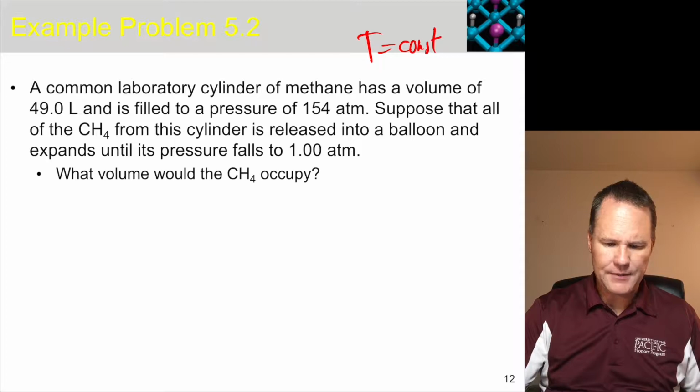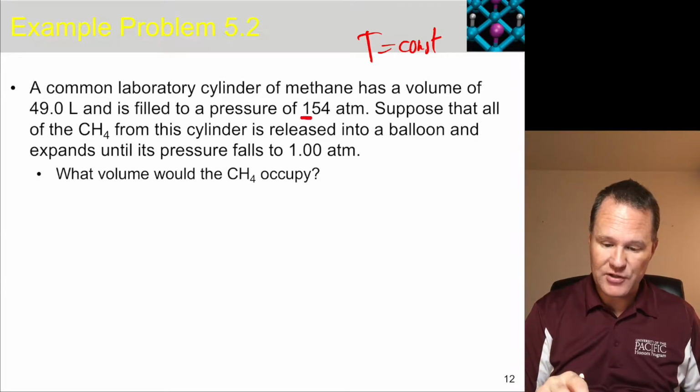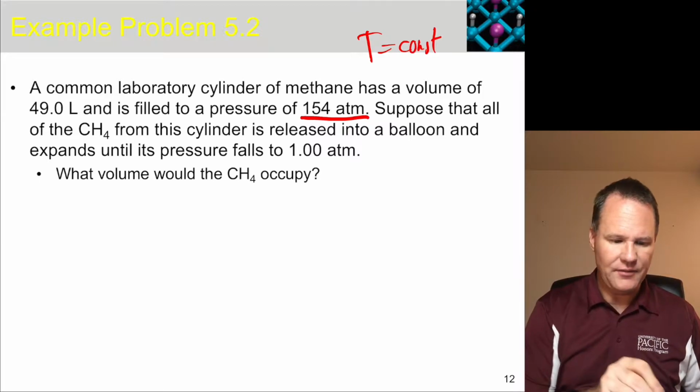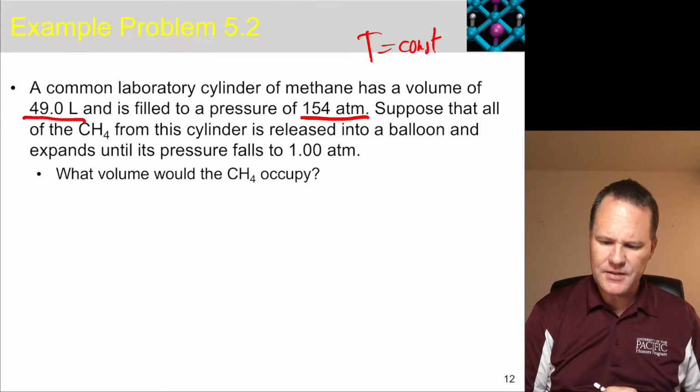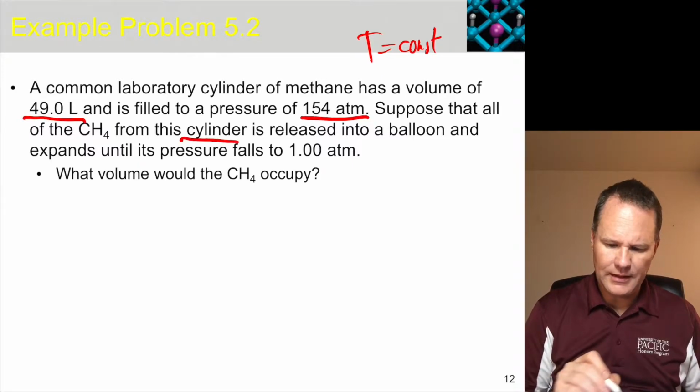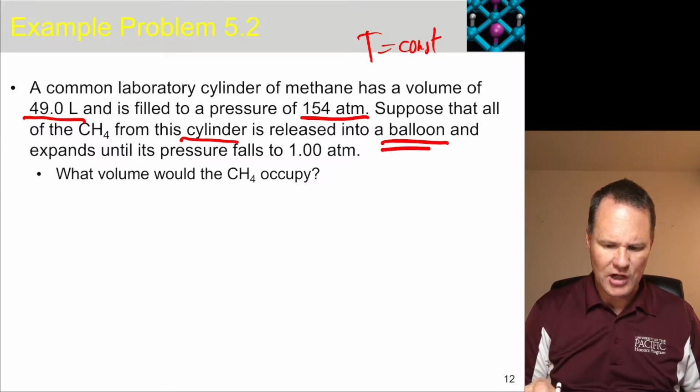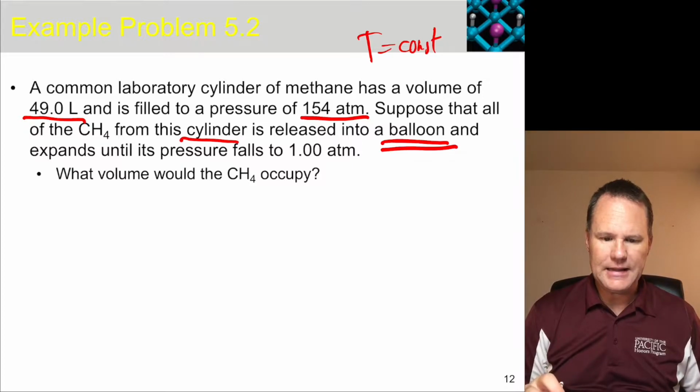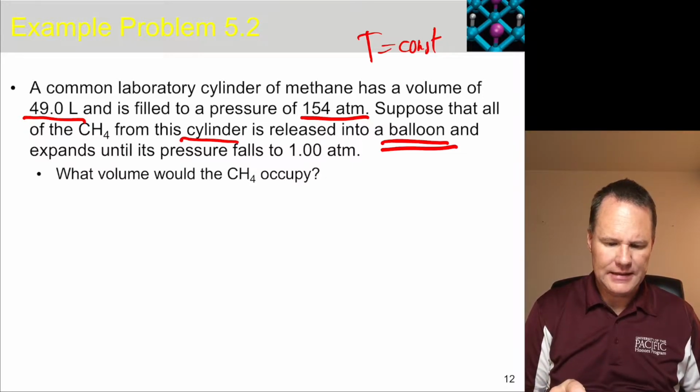And I have a cylinder which has a fixed volume and a certain pressure, 154 atmospheres. The volume is 49 liters, and what I do is I expand the gas from this cylinder into some giant balloon and let it expand until the pressure falls to 1 atmosphere.